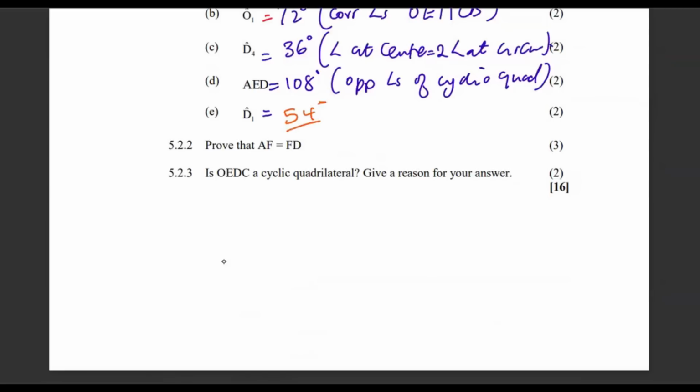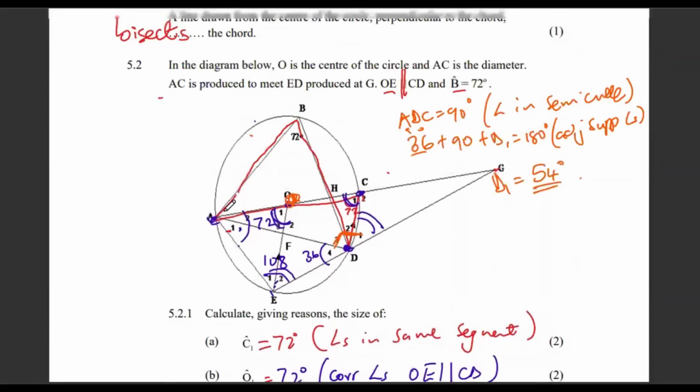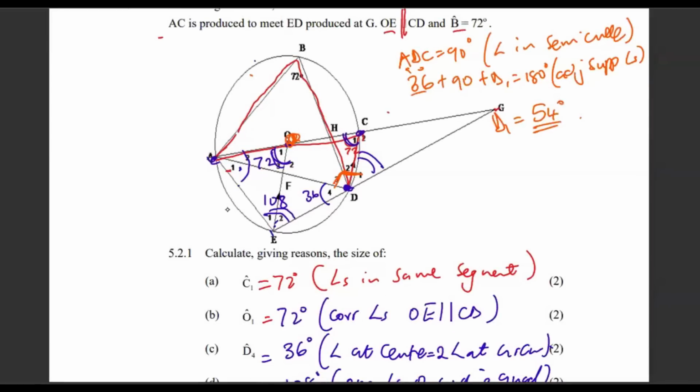5.2. Can we prove that AF is the same as FD? Prove that AF, where is AF? This one is the same as FD. So the only thing you need to prove there is make sure that either F2 or F3 is a 90. If we can prove that, then we're good to go.